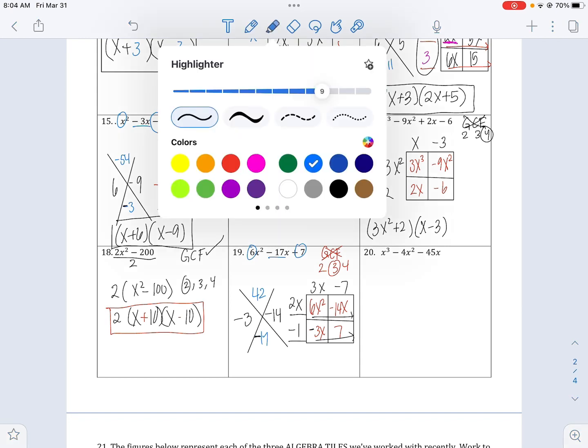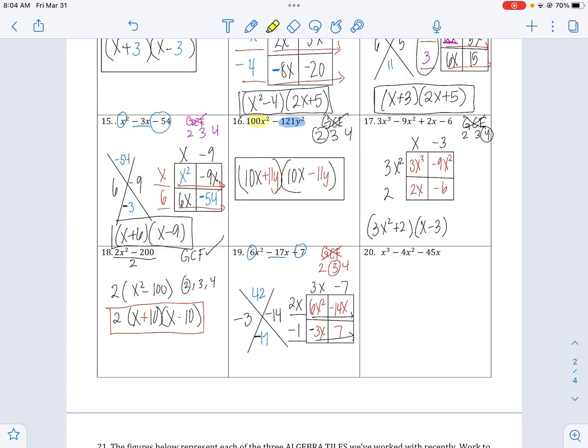Double check your work. Yes, we got that right. And then we also have this guy. Okay, so we get 2x minus 1 times 3x minus 7 are your 2 factors.